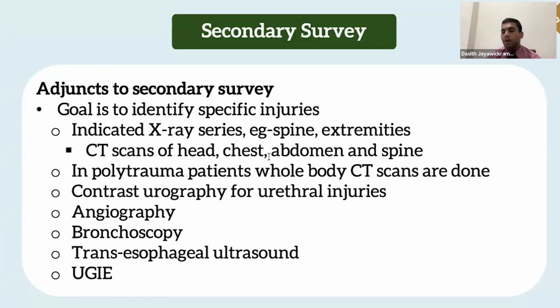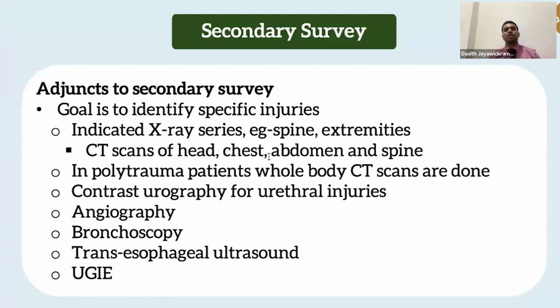We might miss some if we do only a part. So we do an entire whole body CT. Contrast urography for urethral injuries. Basically, we inject contrast retrogradely through the urethral meatus, and we take a urograph, and we check for contrast extravasation in urethral injuries.